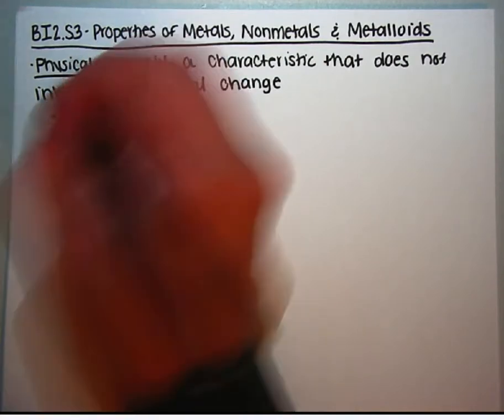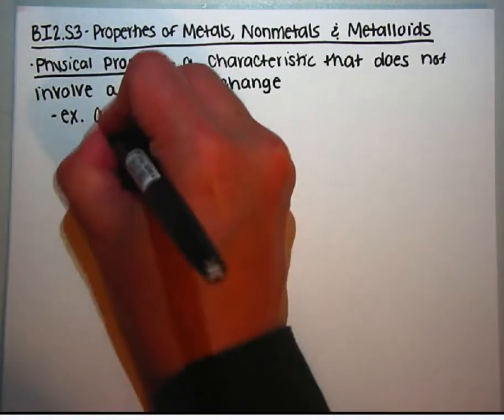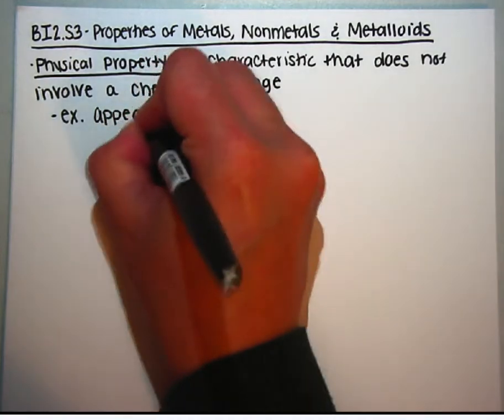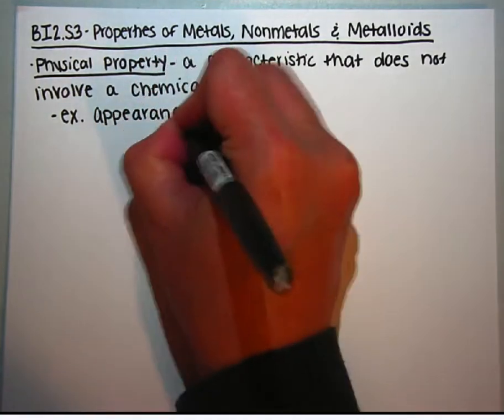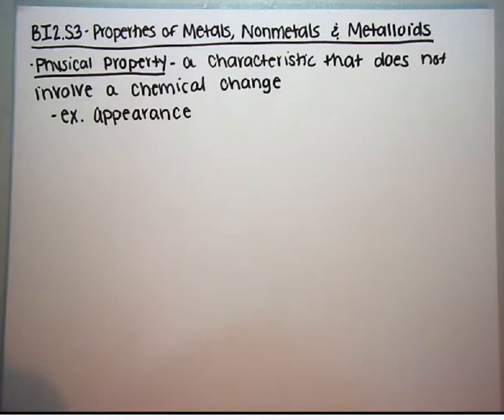An example of a physical property would be the appearance. If we had an unknown and we observed its appearance, the unknown is shiny, the unknown is silver. That is a physical property.